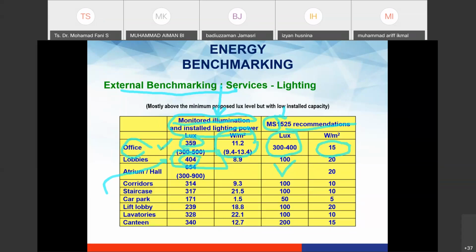For example, these lobbies use more lighting over there. Okay, so we can put forward an option or solution to reduce the number of lights for the lobbies, and we remeasure the lux so that we can set the lux level within this 100 value.